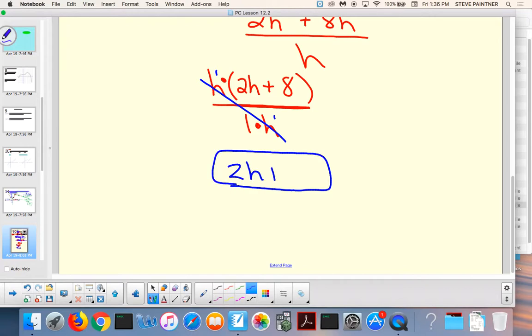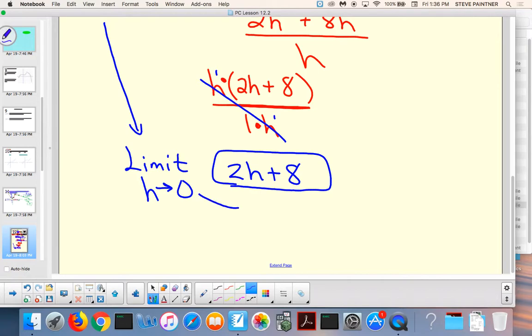2h plus 8. Hang on. This is a limit problem. Go back up to the top. Wasn't it? Go back up there and drag it down. Wasn't this the limit as h approaches what? 0. So now go back to your direct substitution.